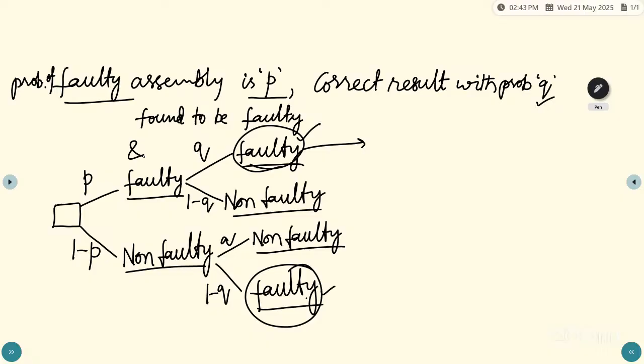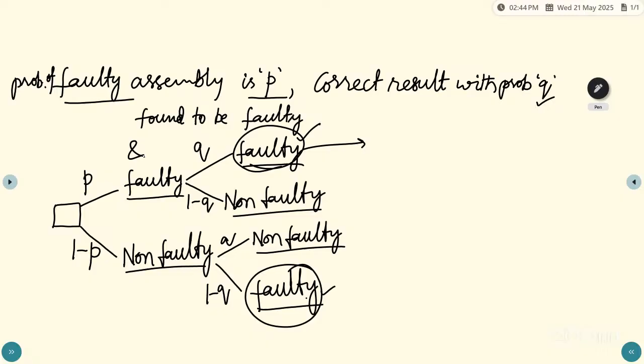Write down: in this problem, both the events, assembling and testing, are purely independent. Purely independent. Okay.